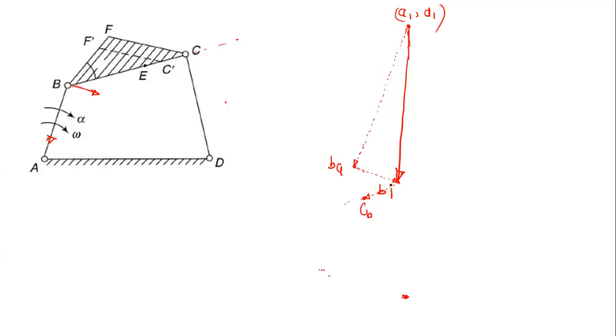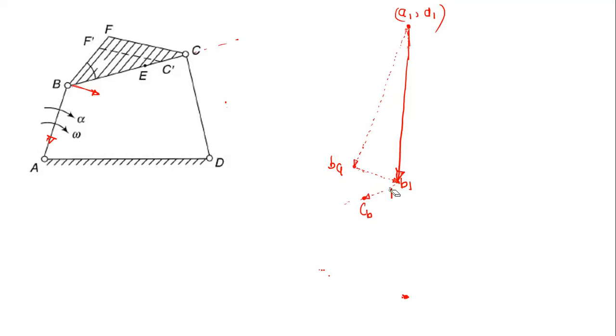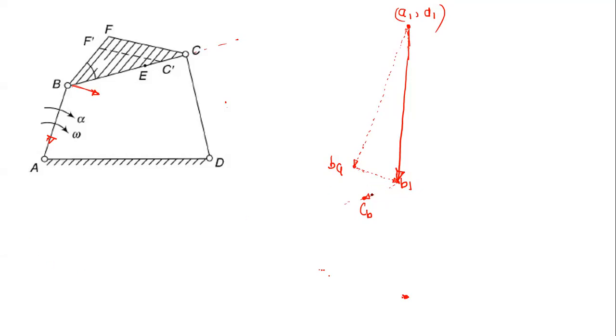So this will be our B1CB, which is going to be parallel to this link BC. Now you see this B1CB is parallel to this link BC.